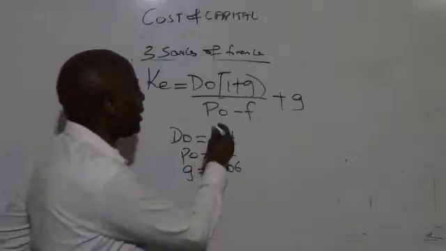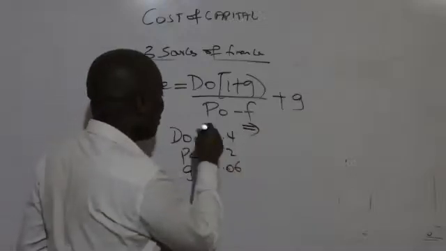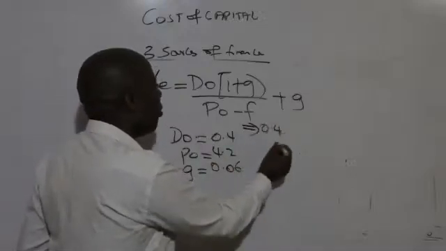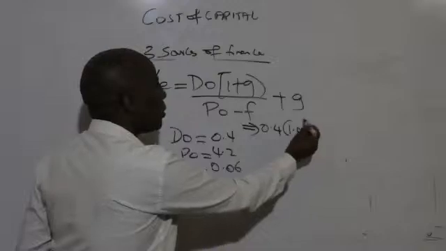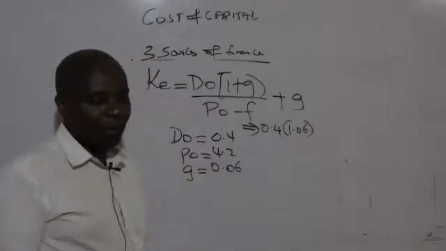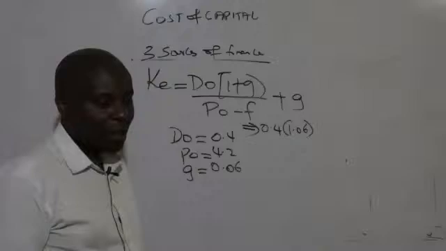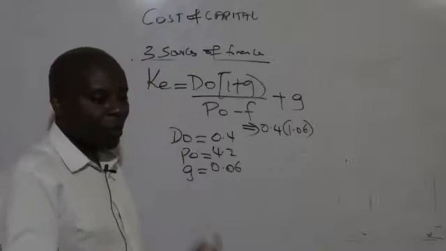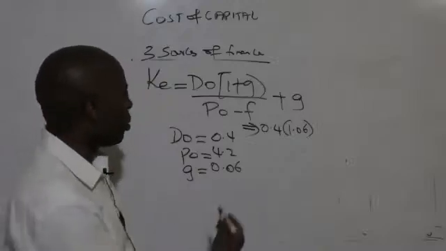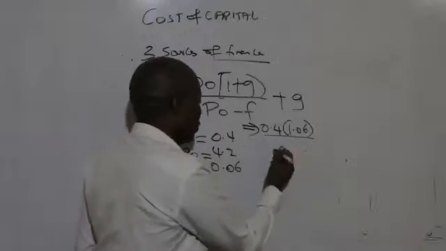So our Ke here will be equal to D0, which is 0.4, into 1.06, that is 1 plus the growth rate, 1 plus 6%, 1 plus 0.06, all over P0, which is 4.2.